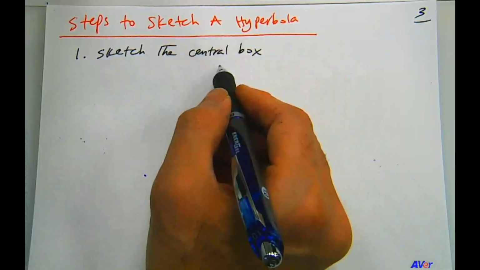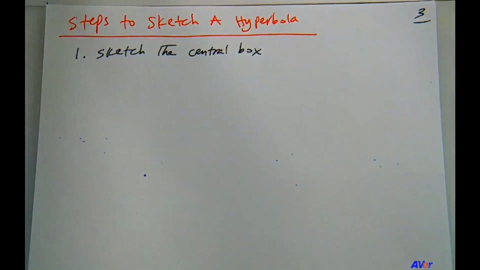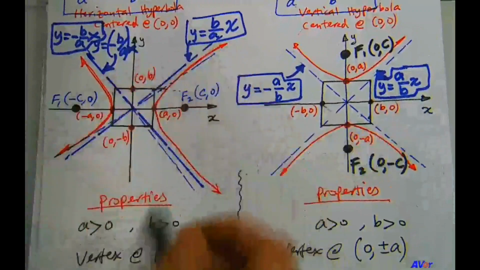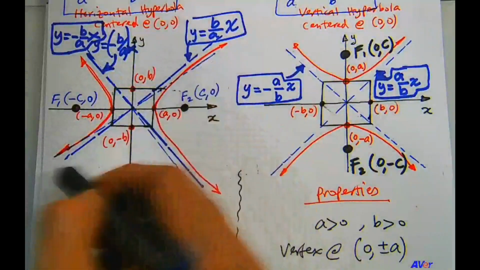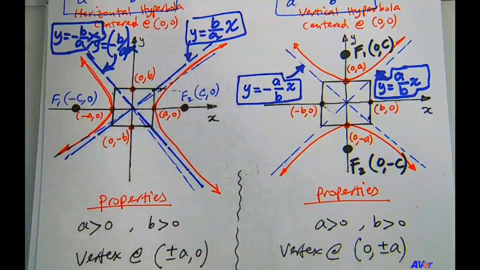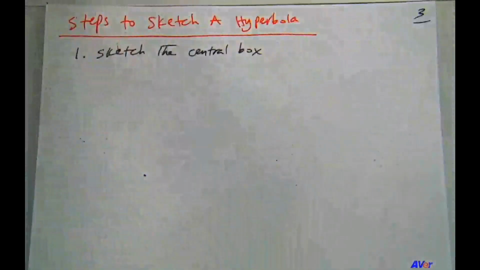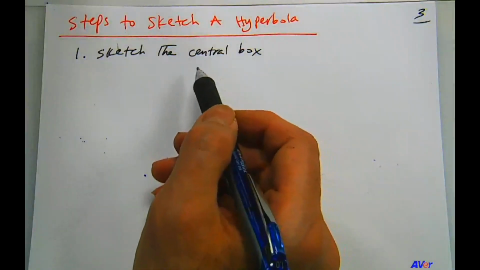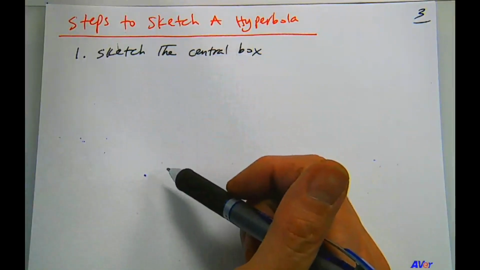That way our figures will be symmetric, as opposed to when I drew it here, I wasn't using any numbers. I just noticed there are no numbers here, so I just generally drew where the lines would be. But when we calculate these numbers and sketch the central box, that will guarantee that our figure looks just about right.